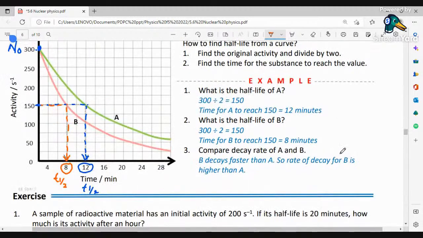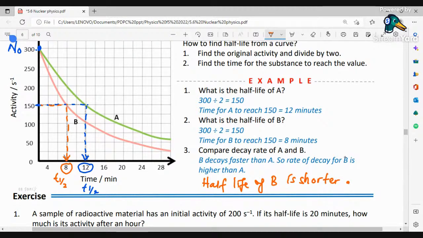Compare decay rate. Okay. You tengok yang mana half-life lebih pendek. Half-life of B is shorter. Kalau half-life dia pendek, maksudnya dia lebih cepat decay.